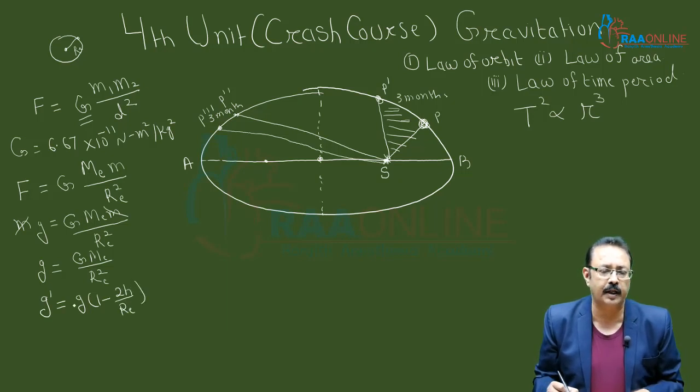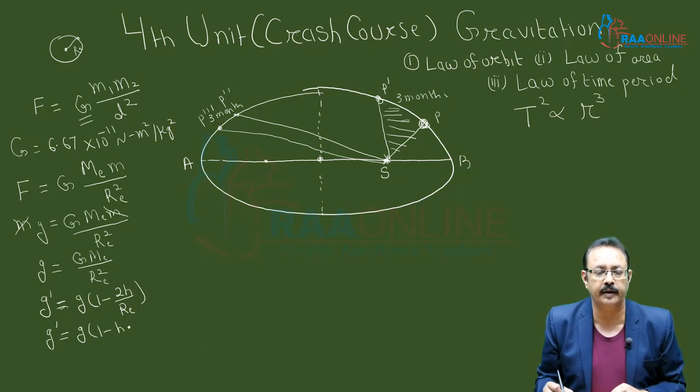Means it was an approximate calculation. And when we are going to a depth, we get g dash is equal to g into 1 minus h upon R_E.